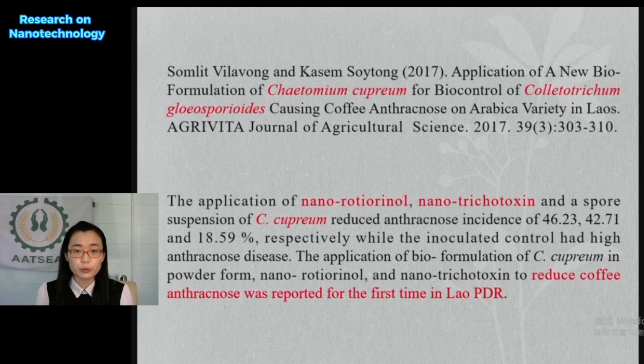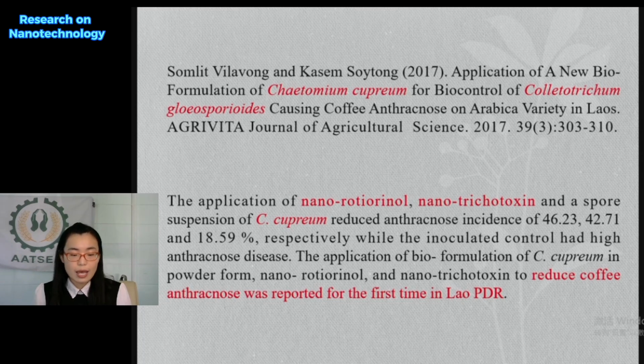And also in the year 2017, Somli Vilawa and Kasem Soytong reported the application of a new bioformulation of Chaetomium cupreum for biocontrol of Colletotrichum gloeosporioides causing coffee anthracnose in Arabica variety in Laos.